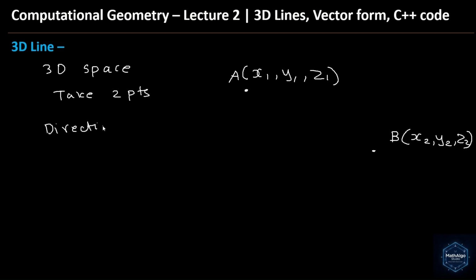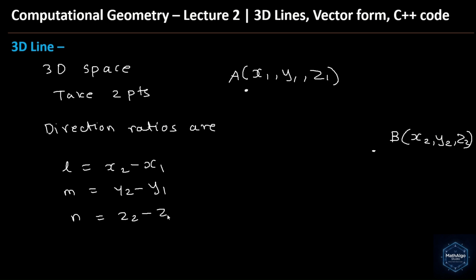Now find the direction ratios of this line. They are calculated as L equals x2 minus x1, M equals y2 minus y1, N equals z2 minus z1. These direction ratios tell us how the line moves along the x, y, and z directions.